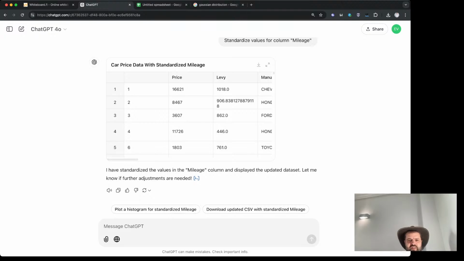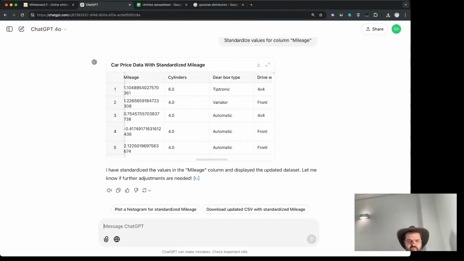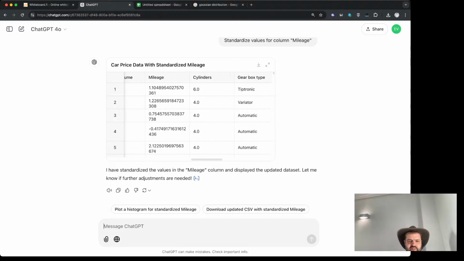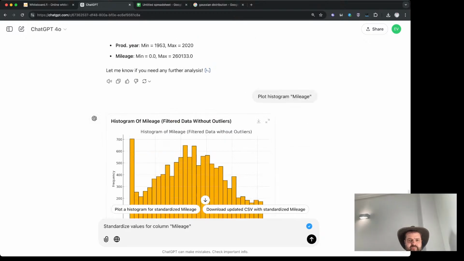Okay, so this is then the standardized version. Do I have it? Let's see. The mileage, yeah, you see here it's also standardized. And I can standardize, again, this is something I would definitely do one by one, I could standardize also the production year.